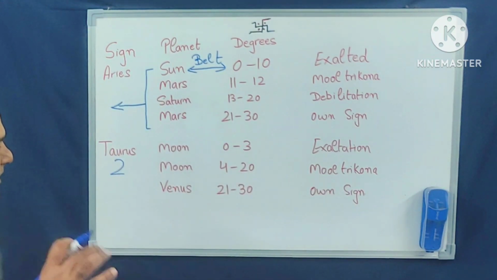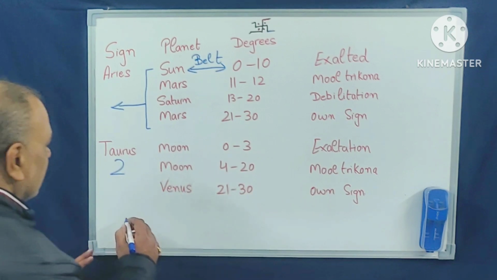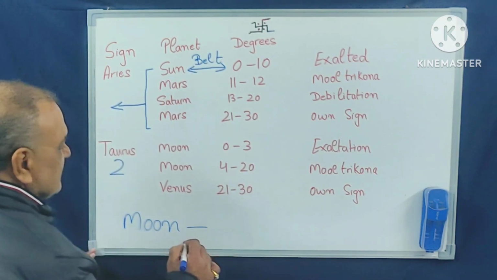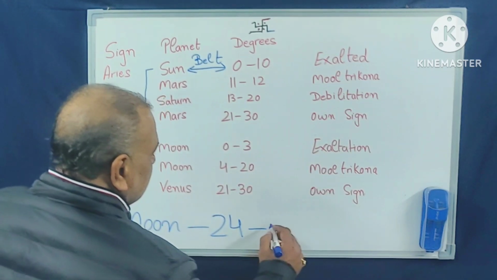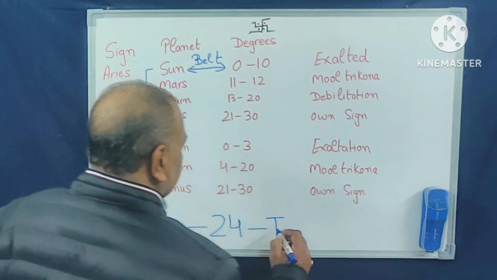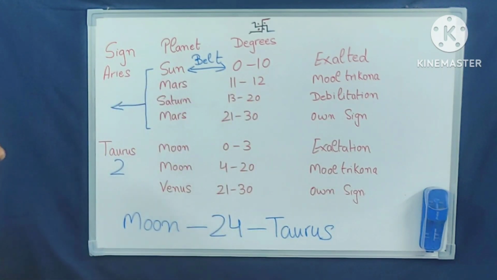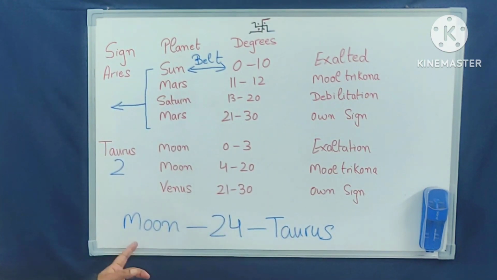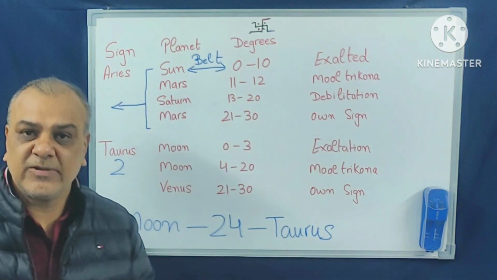So now how will you decode it, or how will you predict when, let us say, Moon is at 24 degrees in Taurus? Moon 24 degrees in Taurus, that means this Moon is not exalted.